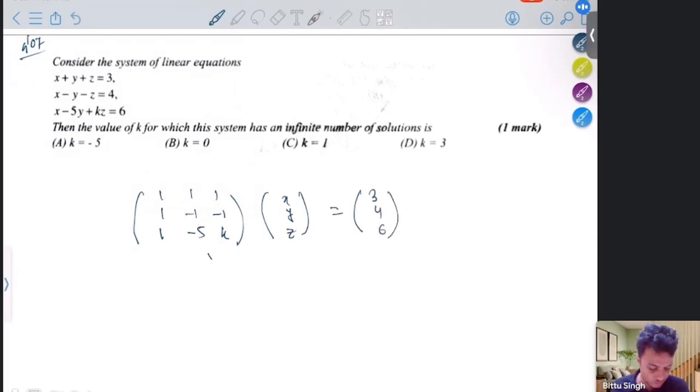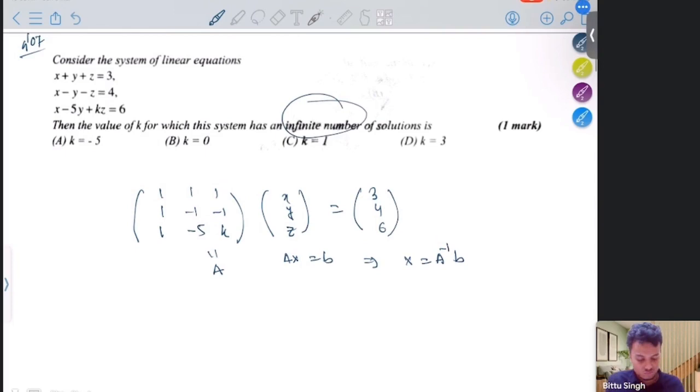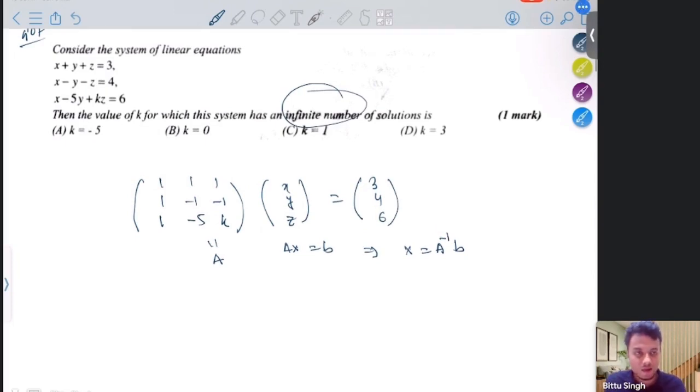So if this coefficient matrix A is invertible, then Ax equal to b should have the solution x equal to A inverse b. So this is a unique solution. But if A is non-invertible, then the system should have infinitely many solutions, right? So we need to find the value k for which A is not invertible.